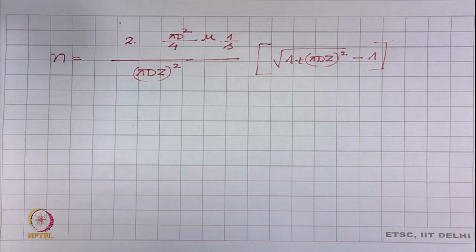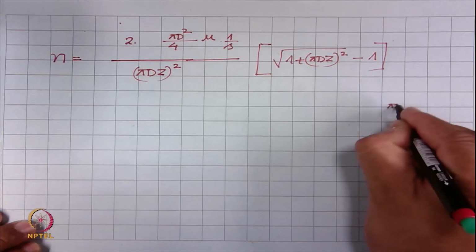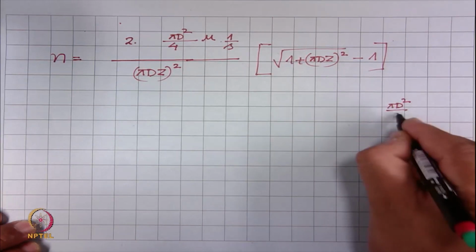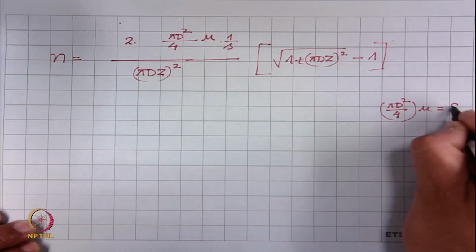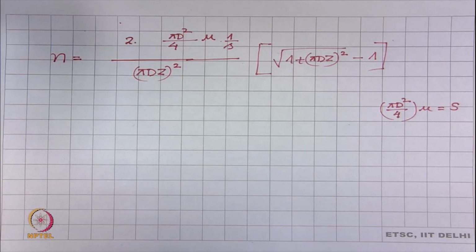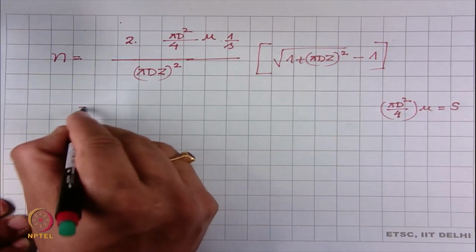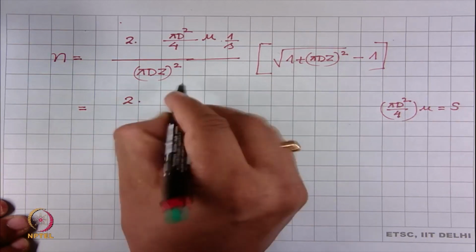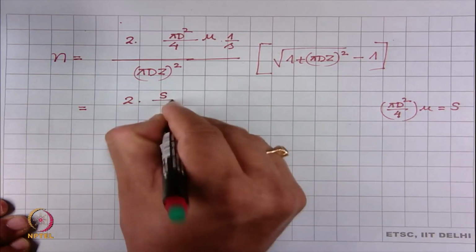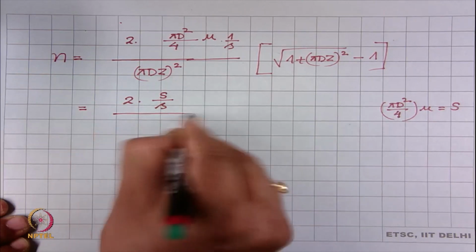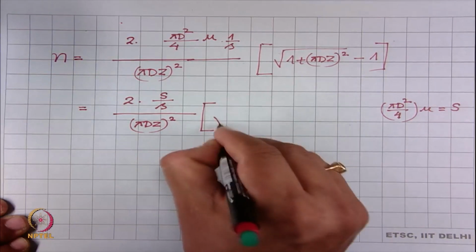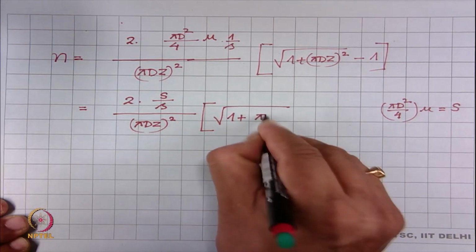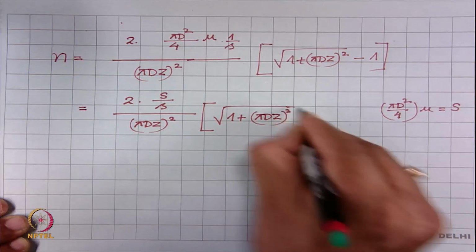Clear? Now, what is pi d square by 4 into mu? That is equal to capital S. So, we can write 2 into capital S by small s over pi dz square, root over 1 plus pi dz square minus 1.